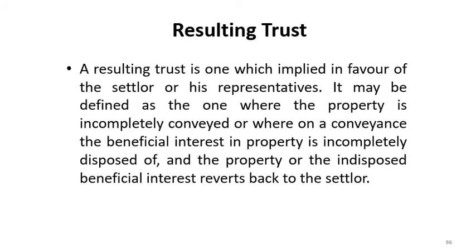Then the balance property is there. In the first place, incompletely conveyed. Second place, everything is done perfectly, but there is a balance property. Then the property or the undisposed beneficial interest reverts back to the settlor.